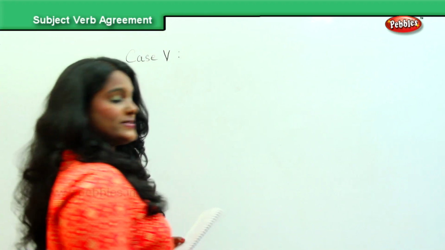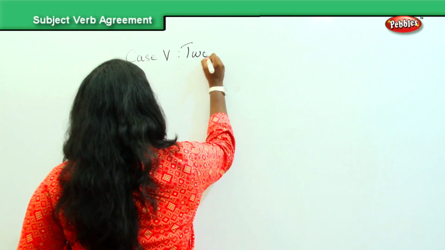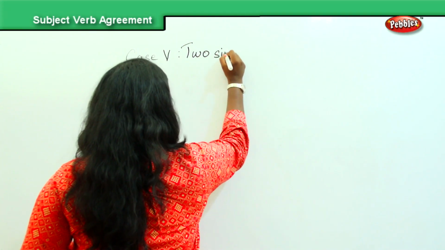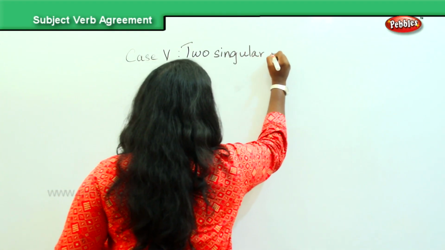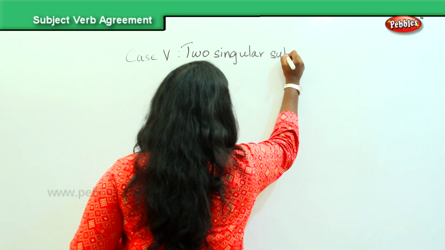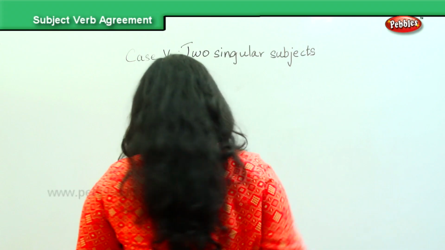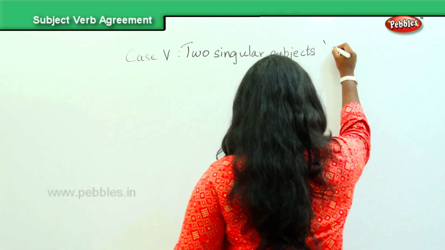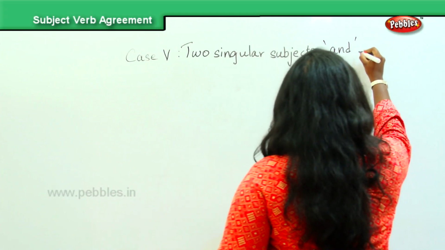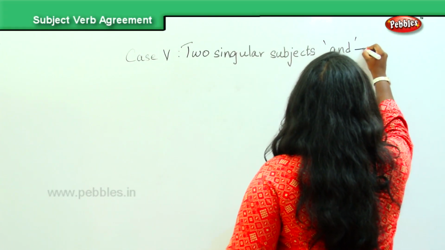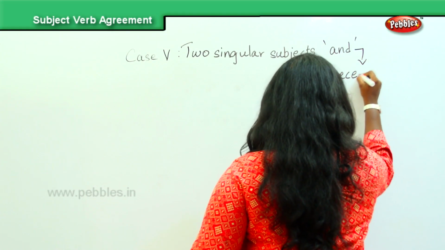The next case is when you have singular subjects combined with and, but preceded. What is preceding?